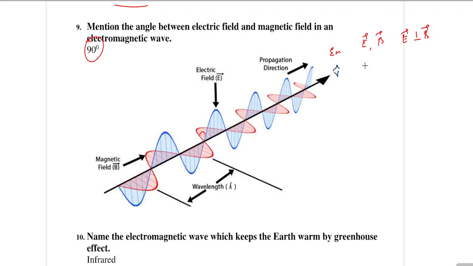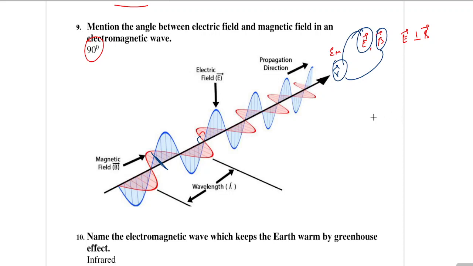Remember, the angle between electric field, magnetic field and v, the angle between any two components, is 90 degrees. For example, look here. The black line indicates the direction of propagation of the wave. The angle between this and this is also 90 degrees. The angle between the magnetic field and this is also 90 degrees, because the magnetic field oscillations will be in this direction. So the angle between electric field and magnetic field, or electric field and velocity, or magnetic field and velocity, is always 90 degrees.